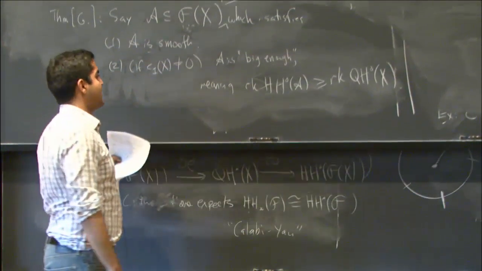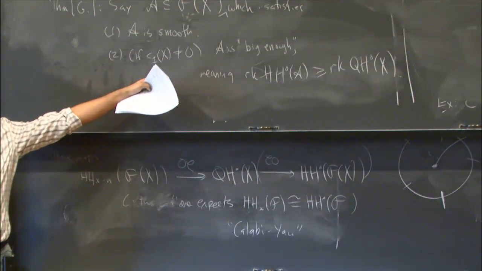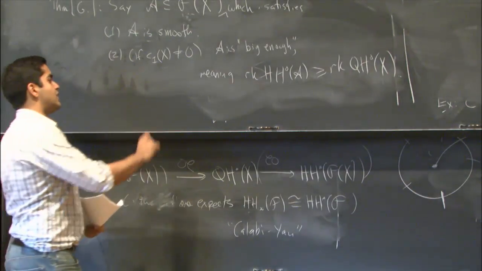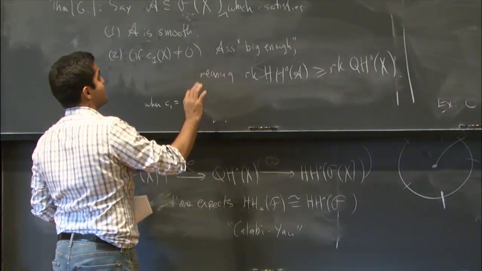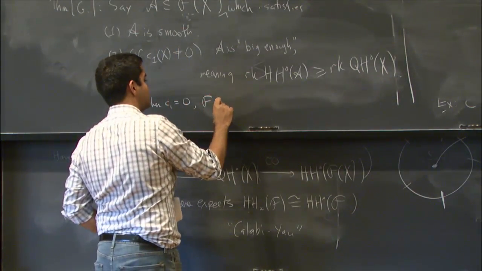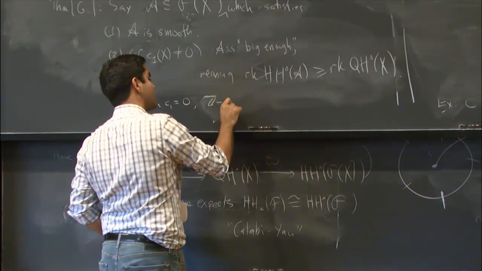Let me point out that we only need this condition when the first Chern class is not equal to 0, because when c1 equals 0, I'm assuming I'm working with the Fukaya category where everything is Z-graded.